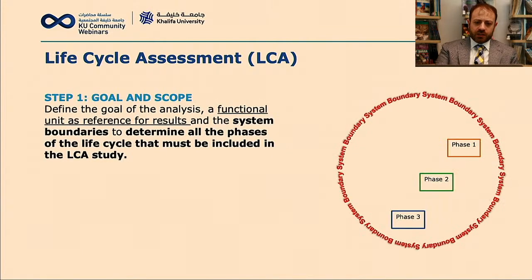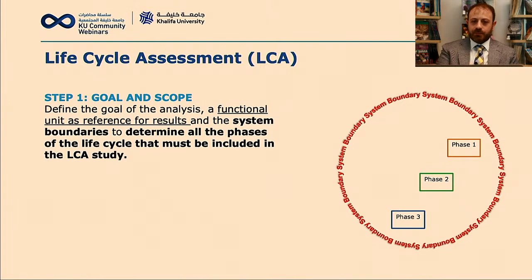In general terms, a life cycle assessment consists of 3 steps. The first one is the definition of the goal and scope of the analysis. So we have to define what is the functional unit that we use as a reference. In our case, for pavement structure, it can be a cubic meter of structure or a kilometer of road. And then we have to understand which phases of the service life of our pavement structure we want to include in the analysis.